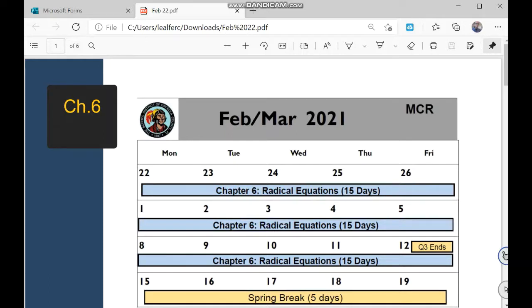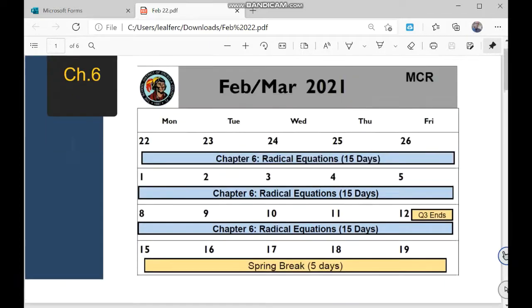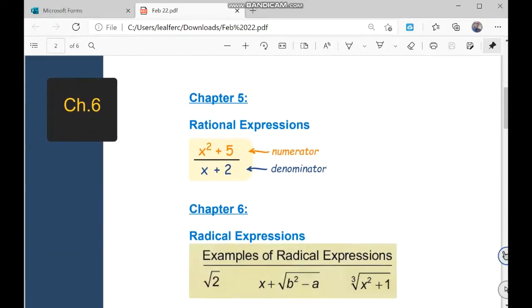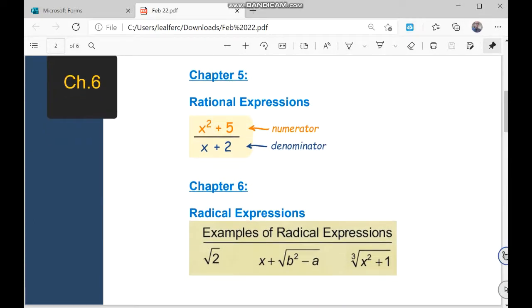Radical equations. The things that we will cover are, first, let's understand this expression, this word, the radical equation. We've been working last week on chapter 5, right?